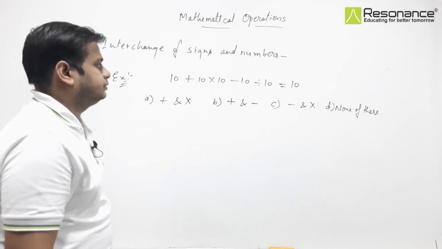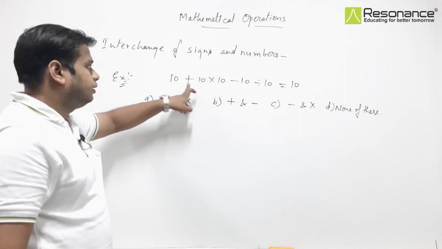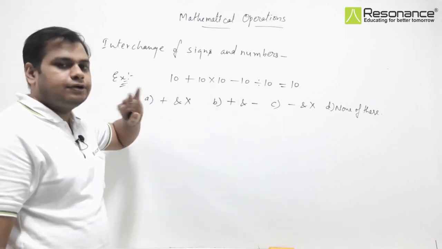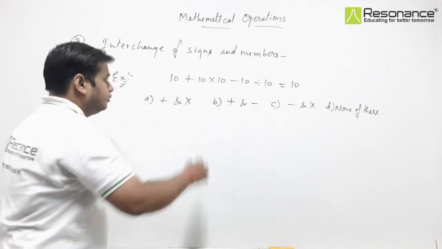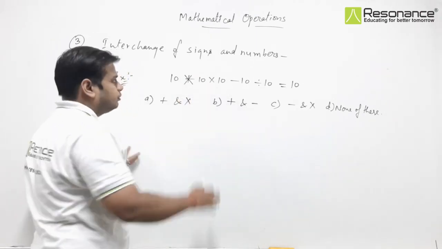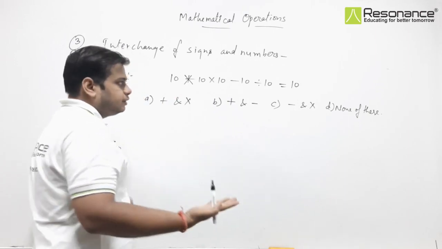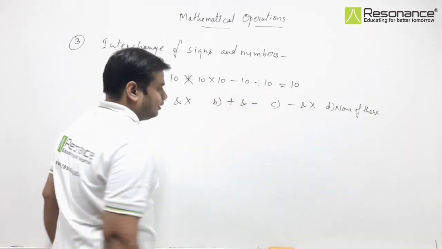So we have the signs. Let's do the first one, plus and multiply. If we interchange plus and multiply, it will not give us the correct answer. Why? If we do multiply here, it will not make any change, because 10 multiplied by 10 again becomes 100. If the number becomes 100, then we won't be able to get 10.